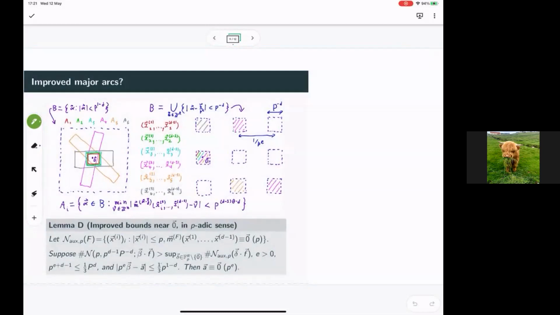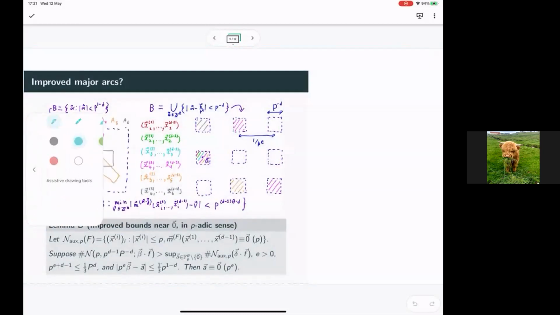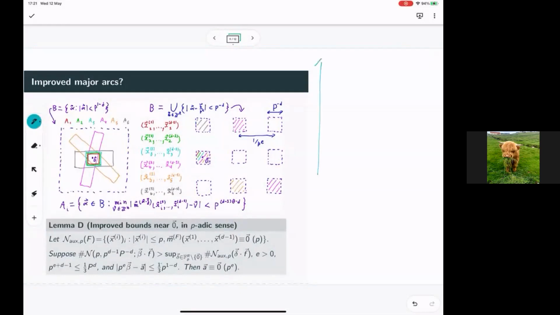So in the real case, the way this works is that one has a bad set, which perhaps I should call n orcs infinity, which looks like this.